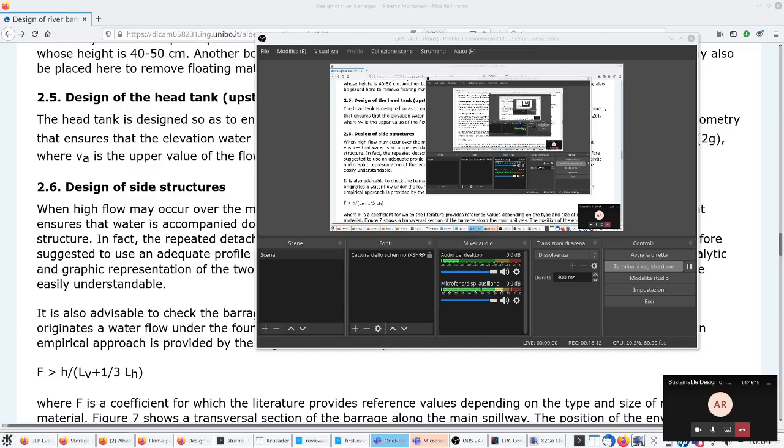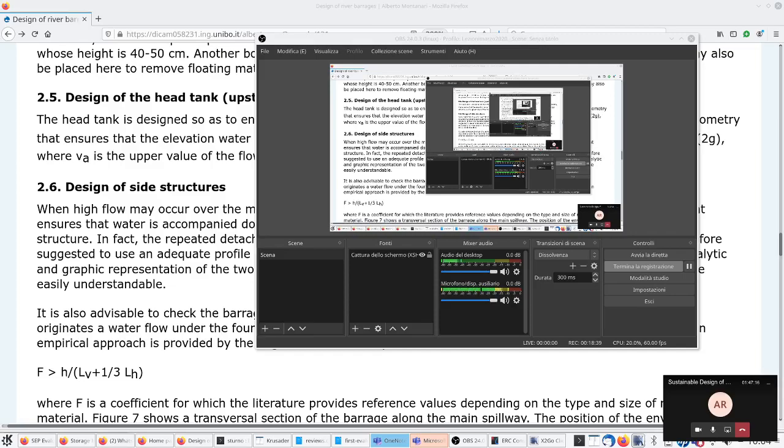Now, at this stage, you know QD. QD is your design flow, correct? And you can compute the velocity of the flow in the sand trap, because we can write that QD is equal to A times V, where V is the velocity of the flow.